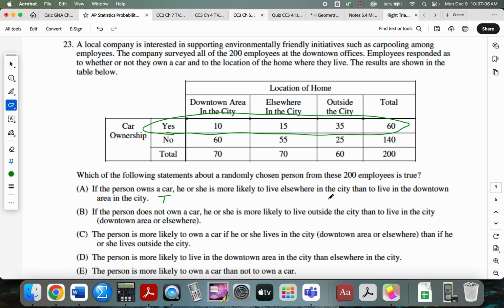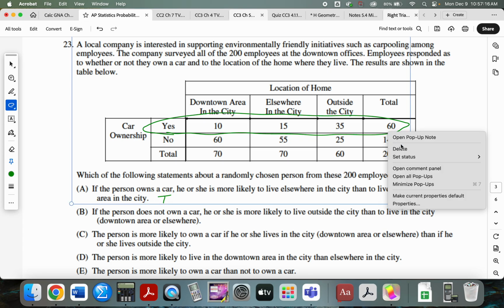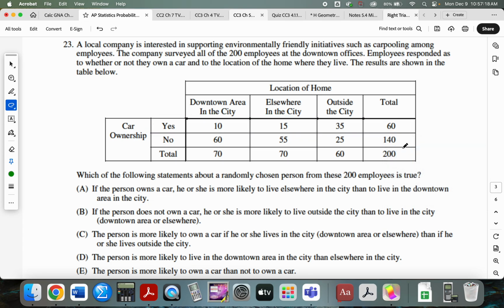So if a person does not own a car, he or she is more likely to live outside the city than to live in the city. That's false. If they don't own one, only 25 of those 140 live outside the city, so that's not right.